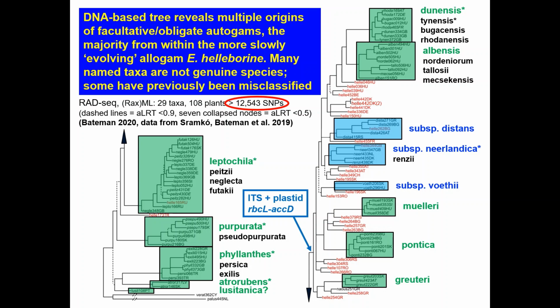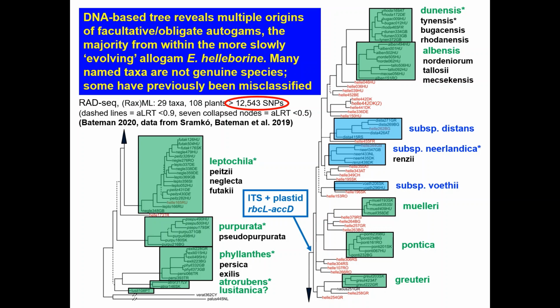Something else that's worth noting in this diagram is that all of the individuals of Epipactis helleborine, the widespread common Helleborine, broad-leaved Helleborine, are marked in red. And you can see that they're distributed widely across this evolutionary tree.